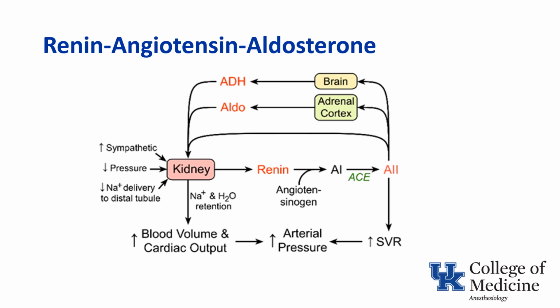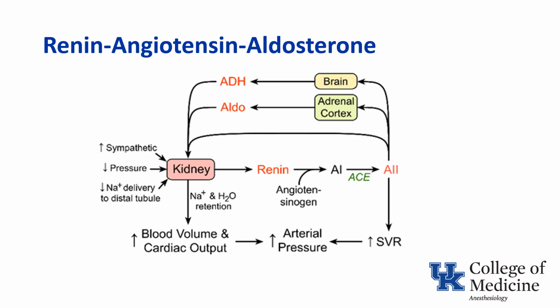Ang2 directly will lead to the increase in aldosterone, which then increases volume retention, water retention, and sodium retention. So overall it will increase your blood volume and probably your cardiac output that way. Angiotensin 2 also directly leads to an increase in systemic vascular resistance, which will increase your blood pressure.